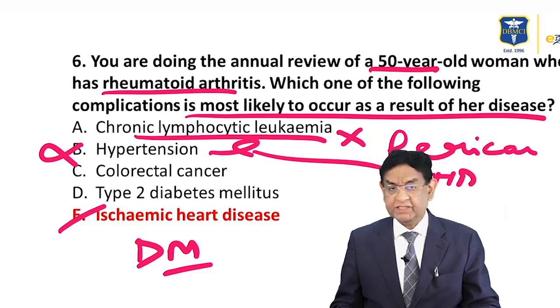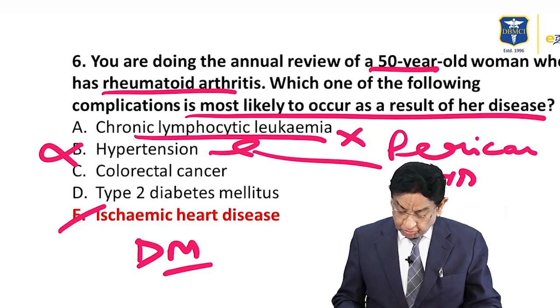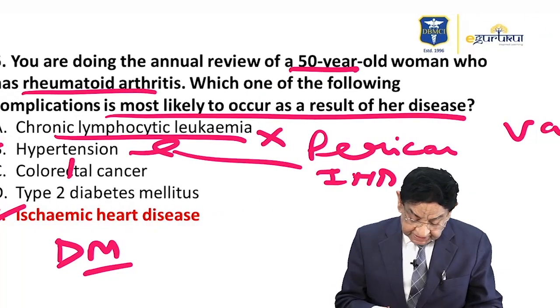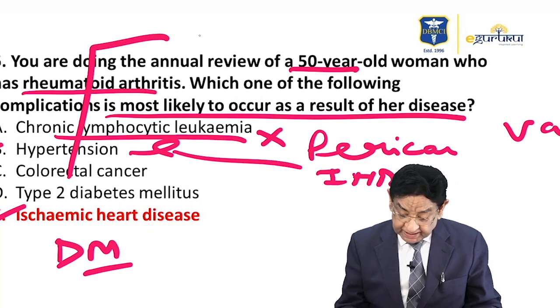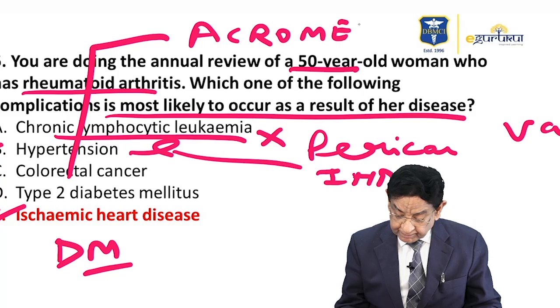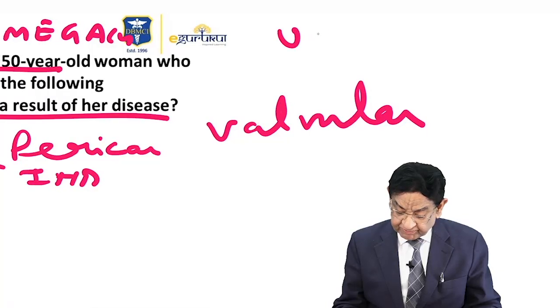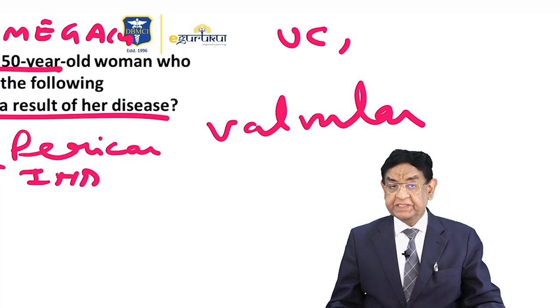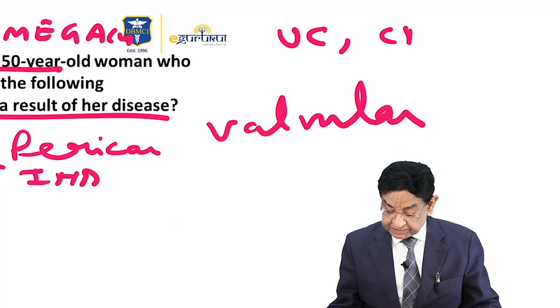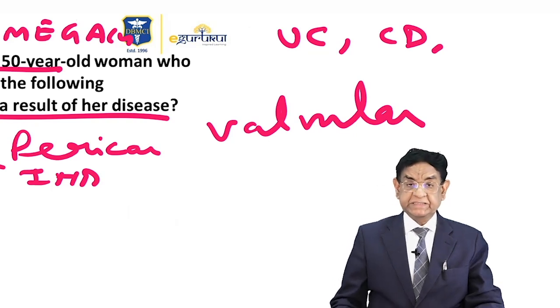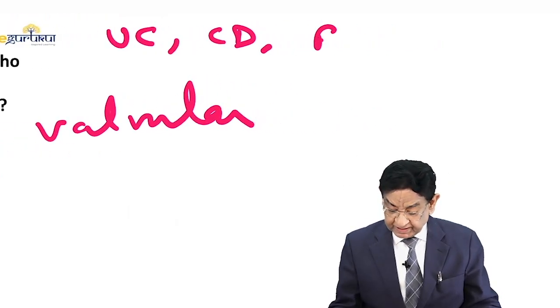Colorectal cancer is not a problem of RA. Colorectal problems are seen in conditions like acromegaly, ulcerative colitis, Crohn's disease, and familial adenomatous polyposis.